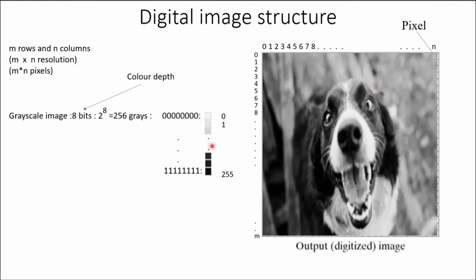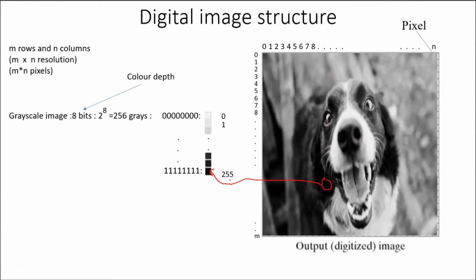When you have 256 color types, these are grayscale. If you look at it, for simplicity, this will be the 100% black, which is supposed to contain 255 as the pixel value.